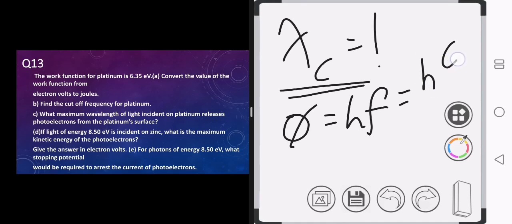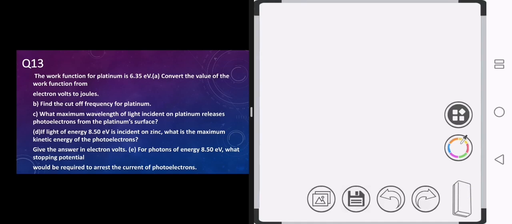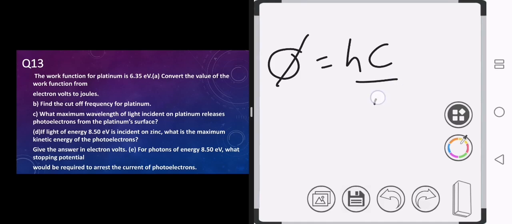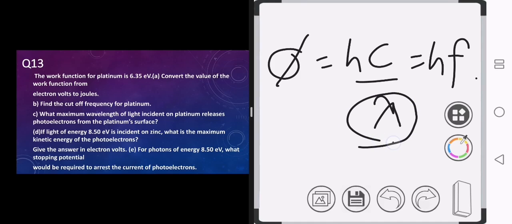So work function equals hc per lambda, equal to hf. Here we can find the lambda.